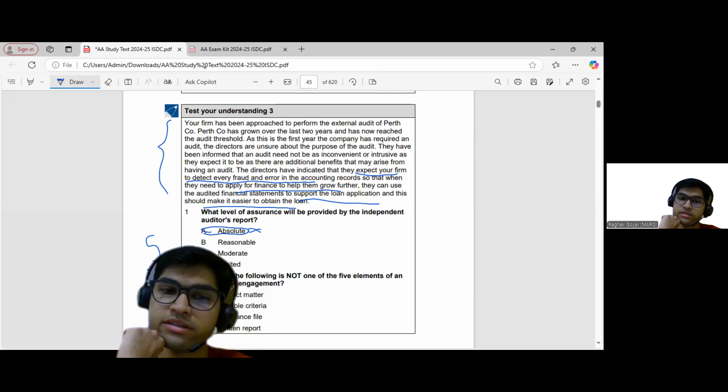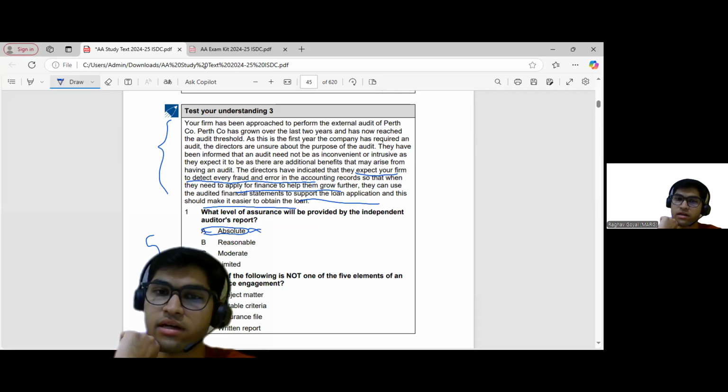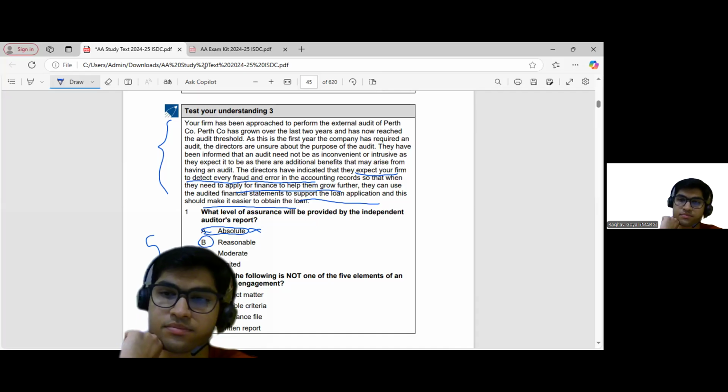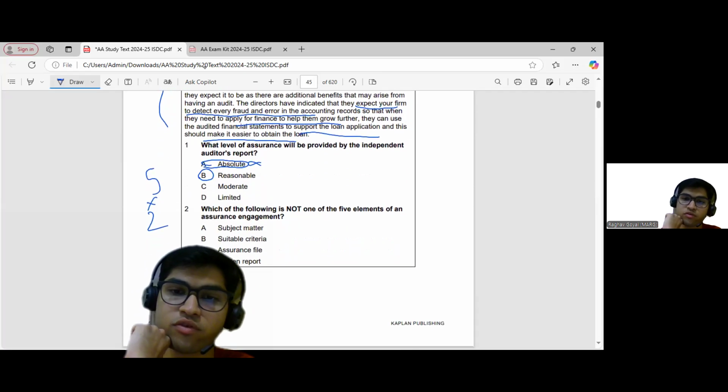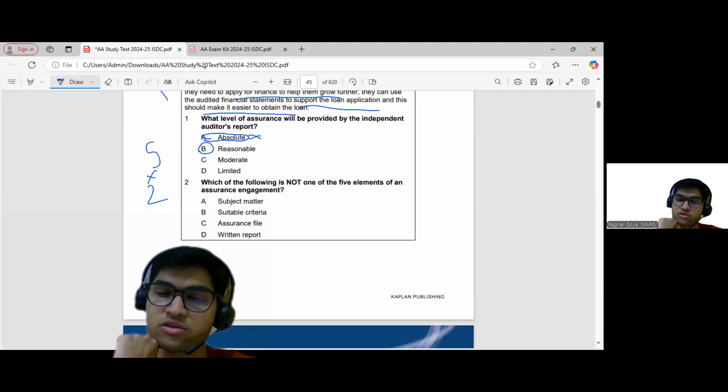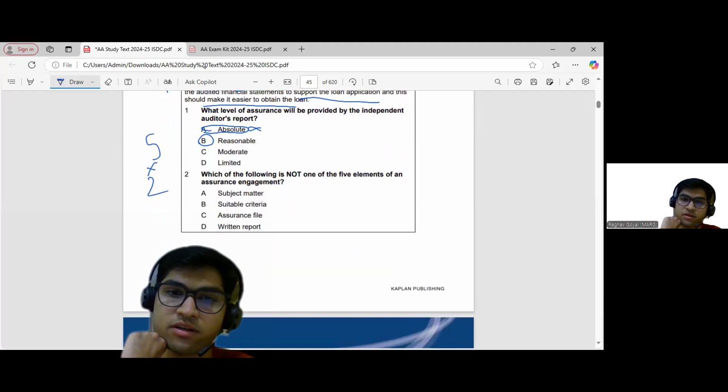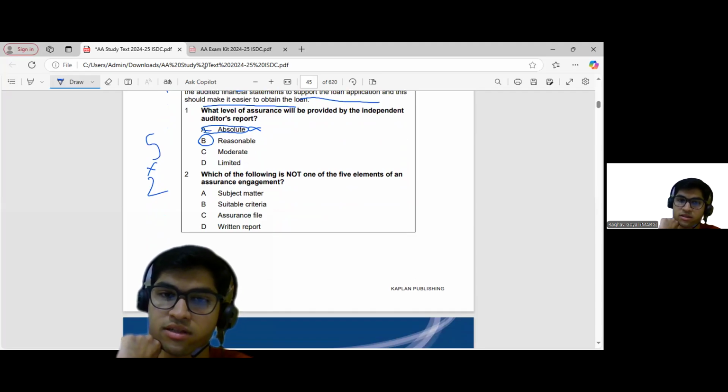It would either be reasonable or limited. And as this is going to be a full audit, it would be reasonable and not a review engagement. Then we have which of the following is not one of the five elements of an assurance engagement. As we looked up, subject matter was one, suitable criteria was one, the written report was one, but there was nothing of assurance file.